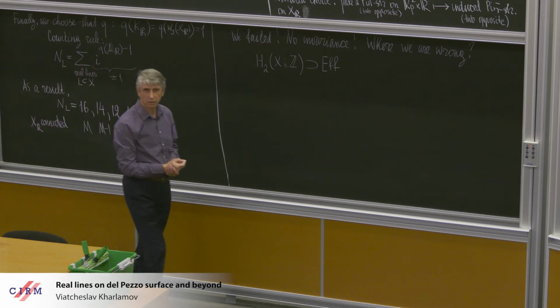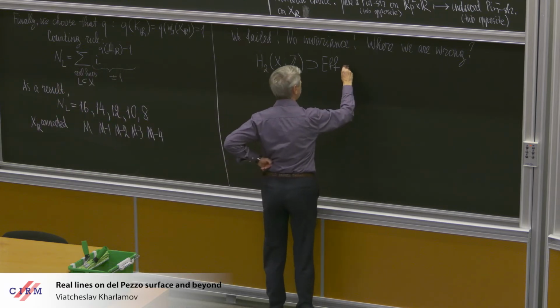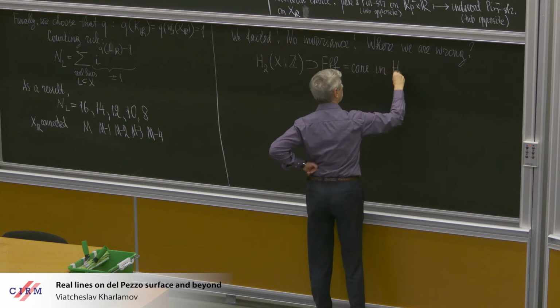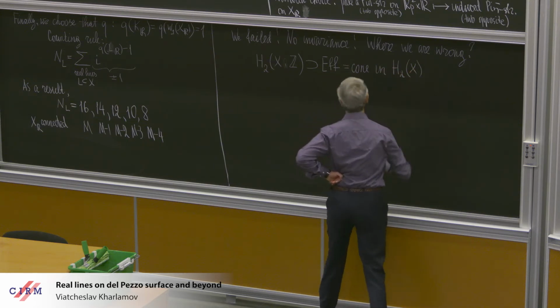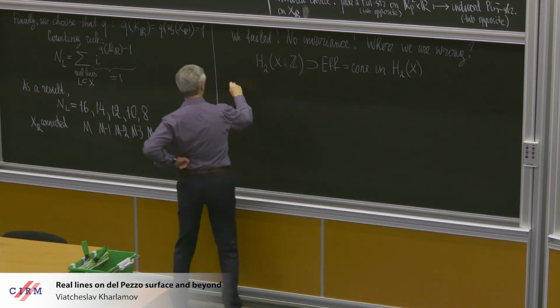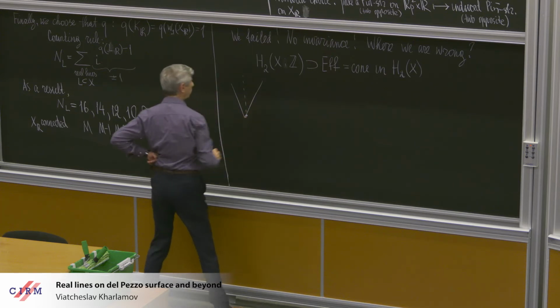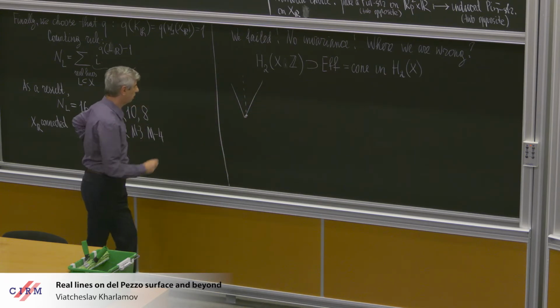And the effective divisors, they form a cone in H2. So you have this cone in H2, the cone of effective cycles.